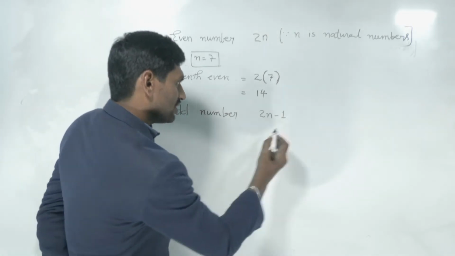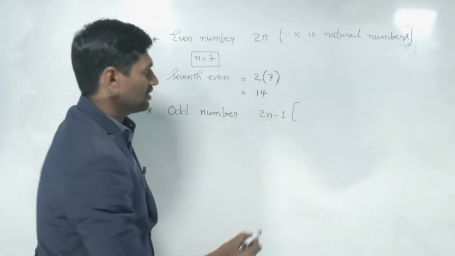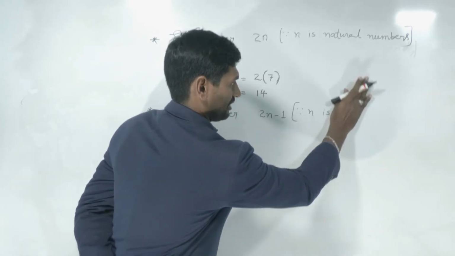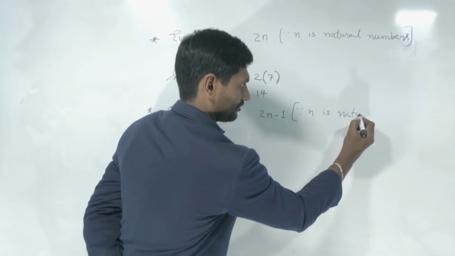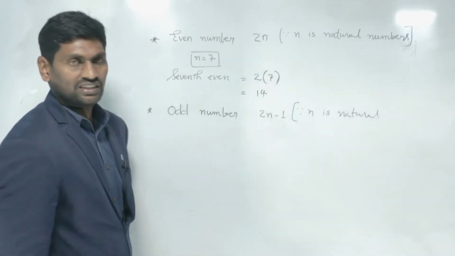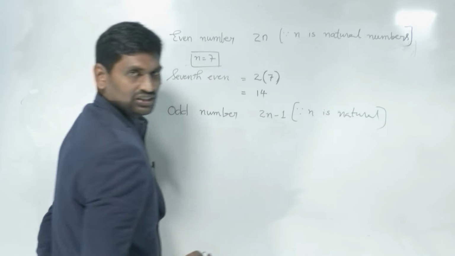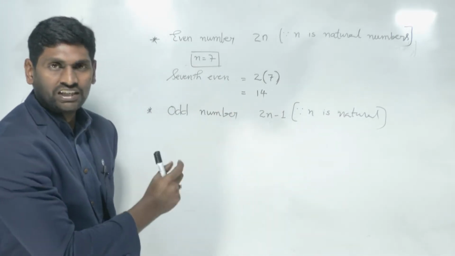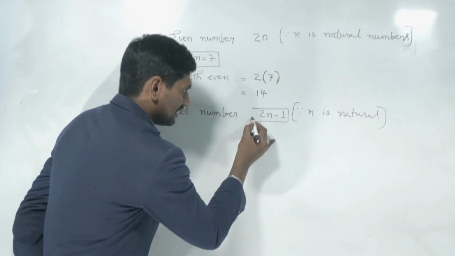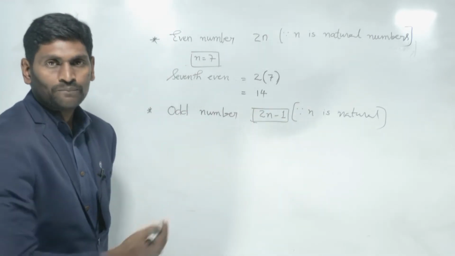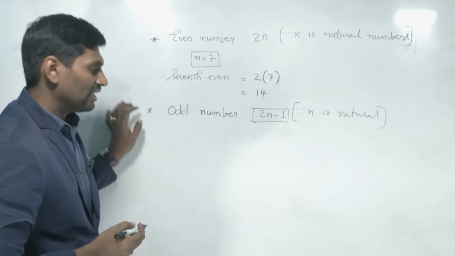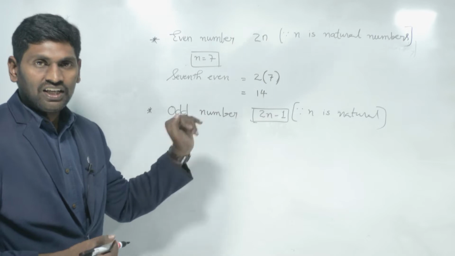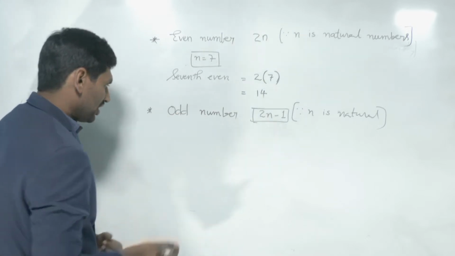So if you take 2n minus 1, n is a natural number. That means if you substitute n value 1, 2, 3, 4, 5, any number in the formula 2n minus 1, the answer will be definitely an odd number. Okay, na?